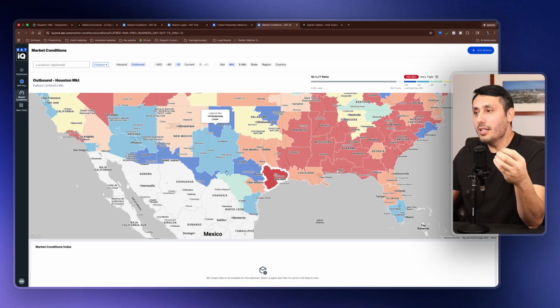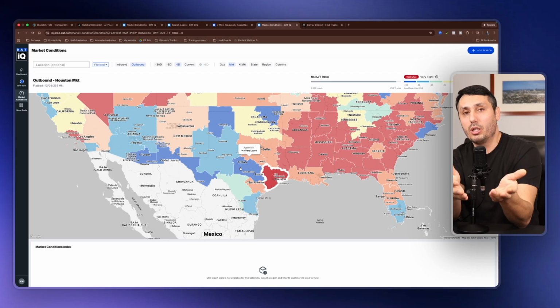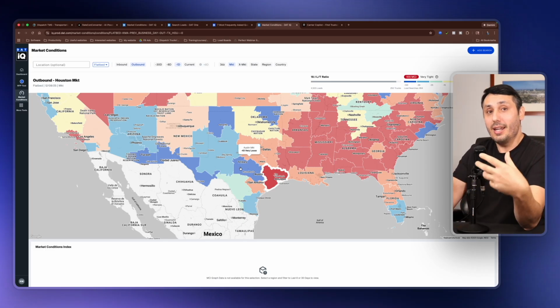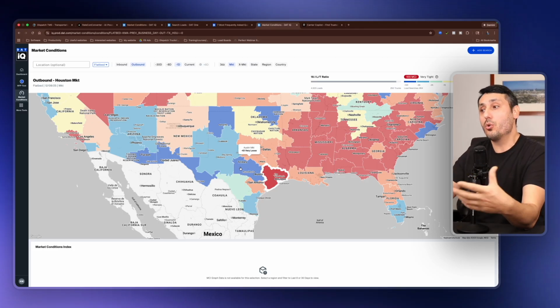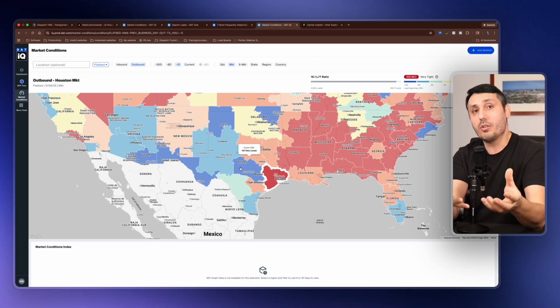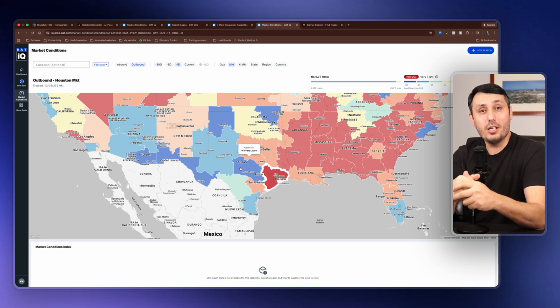Instead of going into San Antonio, we could deliver good loads in San Antonio, but getting out of San Antonio will be hard for us. Logically, it makes sense to go to Houston. Why? Because we have a lot of loads waiting for us in Houston, Texas. And this, my friend, is how to use market conditions in order to pull the best paying loads for you and obviously for your carrier to make money.